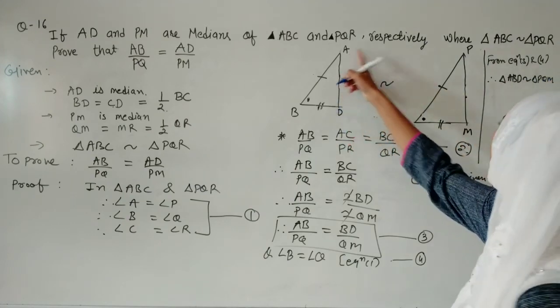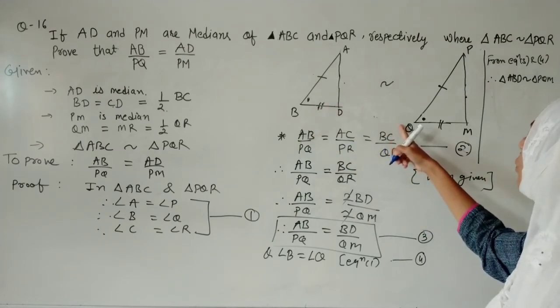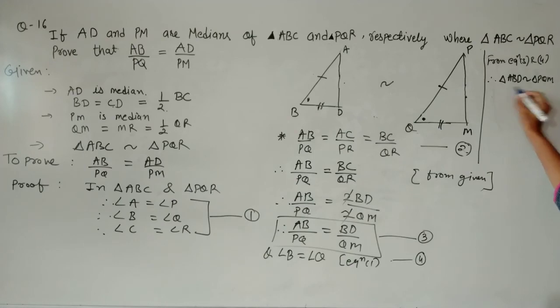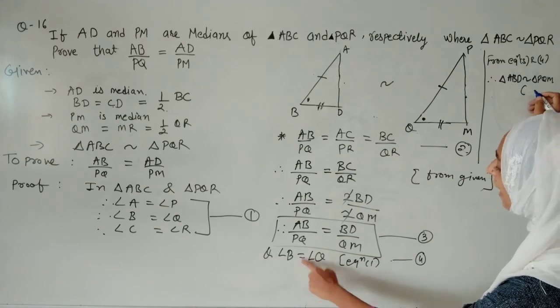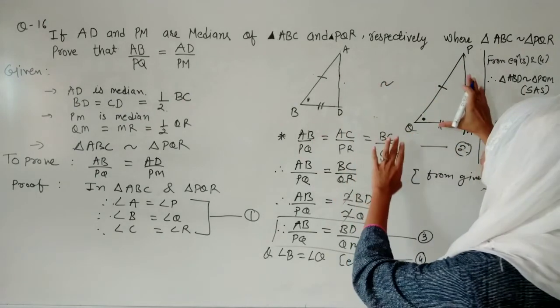Take care that wherever A is, P should come, wherever B is, Q should come, and wherever D is, M should come. So these two triangles are similar. By which criterion? Two sides, and along with that the included angle is there. So by using side-angle-side, we can write this. Now we have proved these two triangles similar.